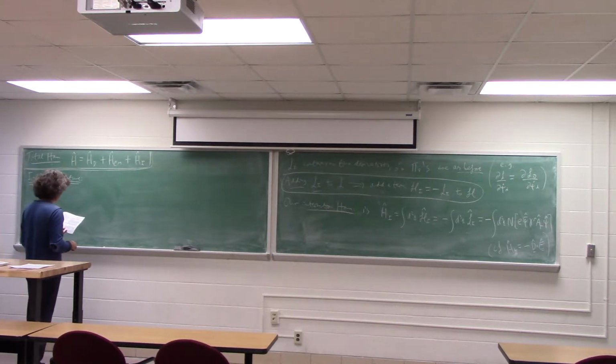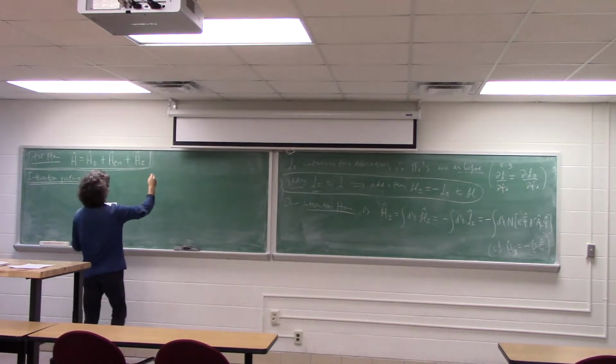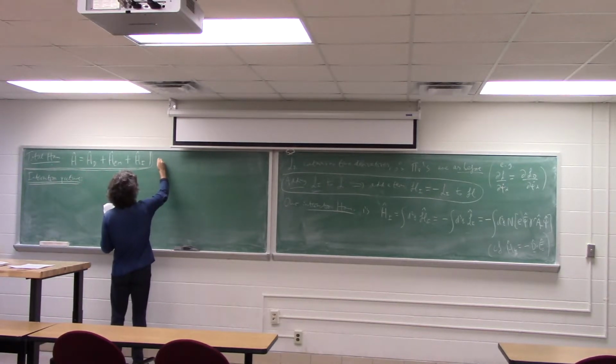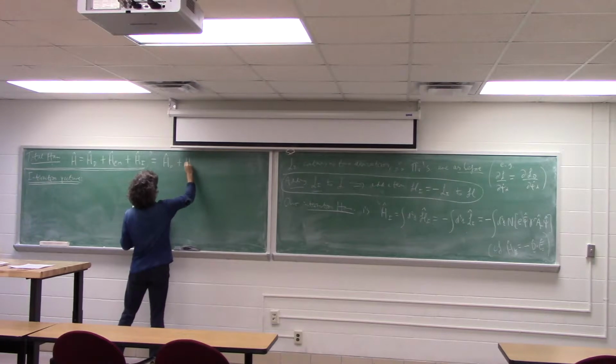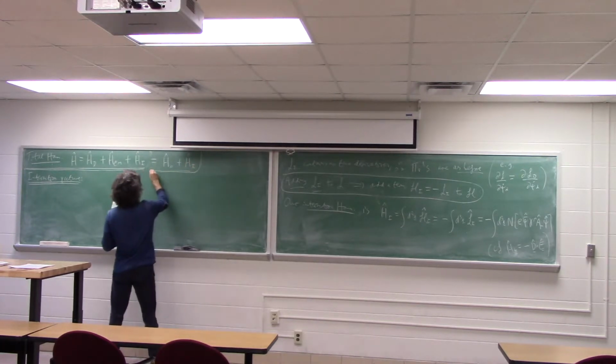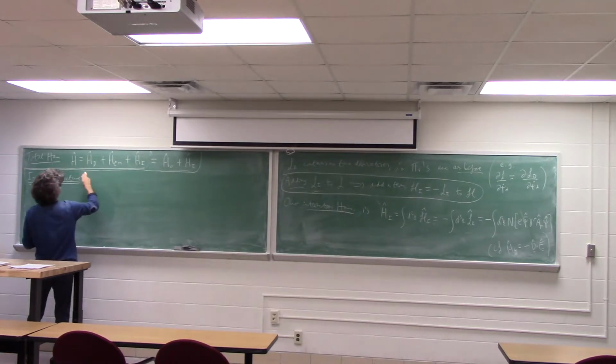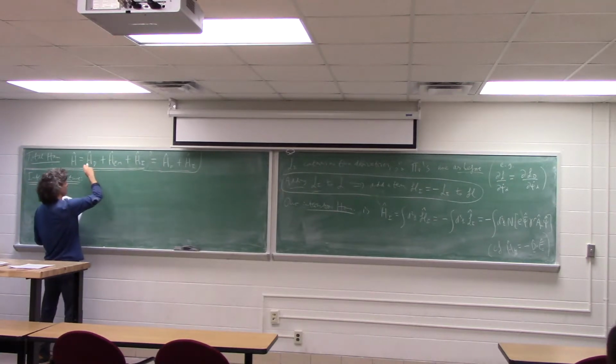So in the interaction picture, let's write the Hamiltonian as the free Hamiltonian plus the interaction Hamiltonian. The free part is, of course, the sum of the free Dirac plus the free electromagnetic field.